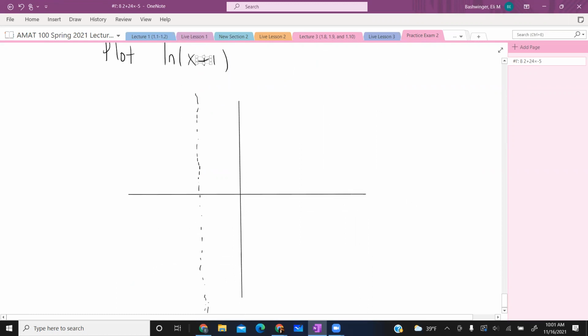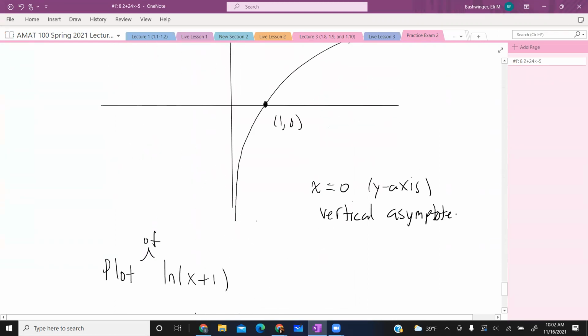So this will look something like this. It'll cross through the origin at 0, 0. Vertical and horizontal shifts are rigid motions, so everything moves over the same distance.